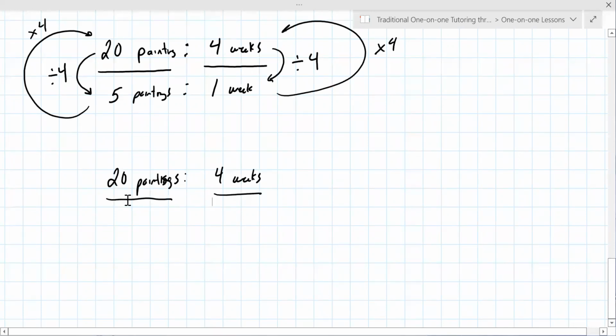Left. It's the paintings. It goes on the painting side. So how do you go from 20 to 80? Multiplied by 4. Okay, so the same thing applies here. You multiply by 4. So that's 16 weeks.